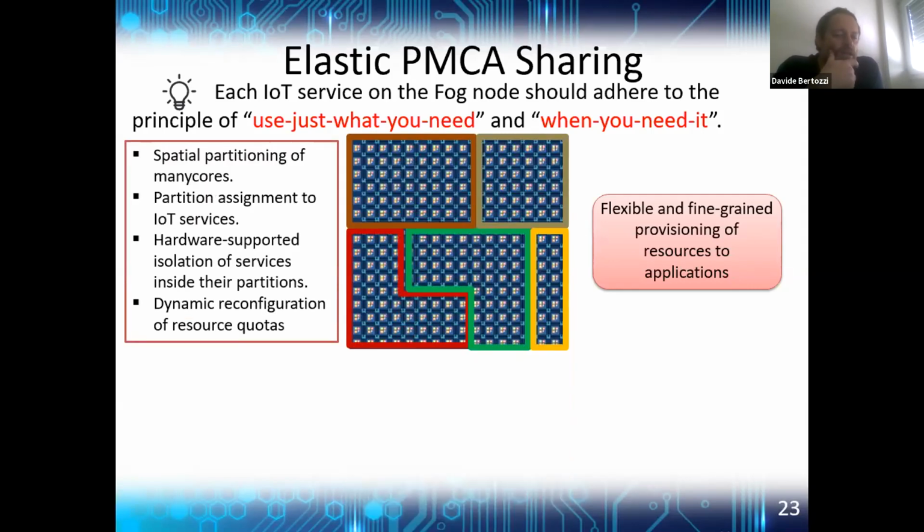So what could be a feasible scenario capitalizing on elastic computing is the following. At some point in time, you share your many core accelerator among IoT services, and so you associate a compute and memory partition to each IoT service.